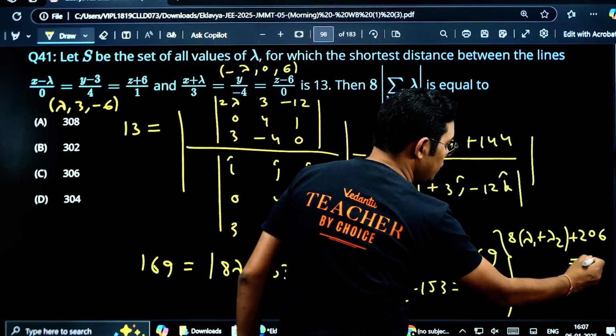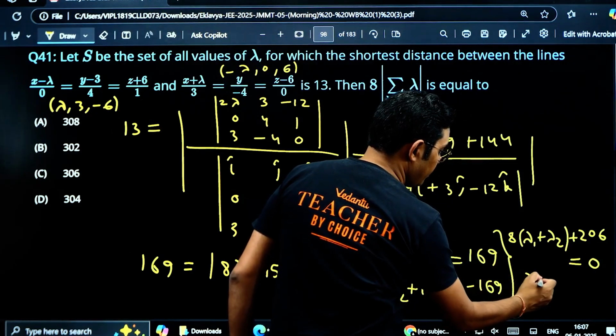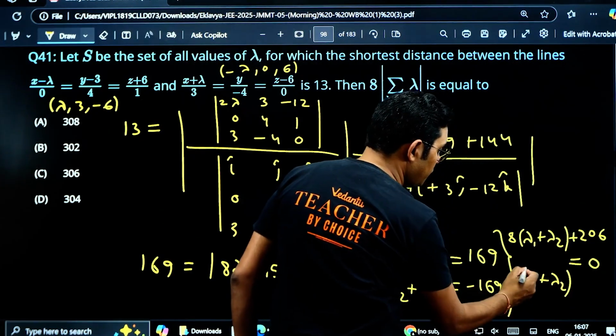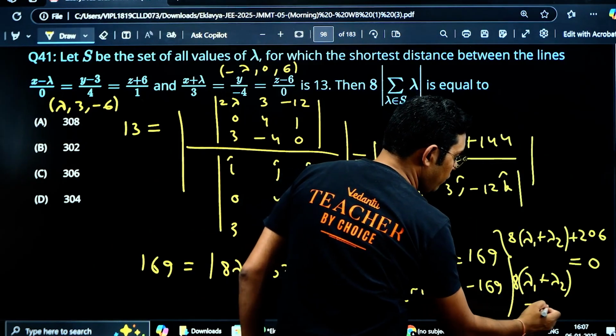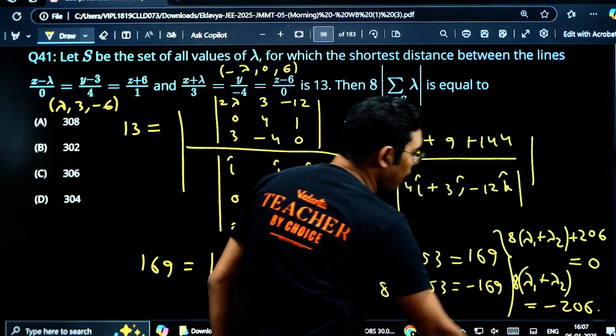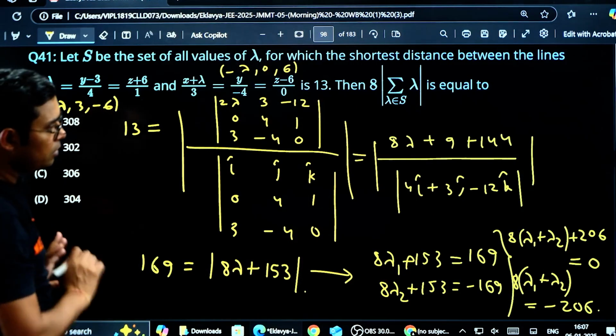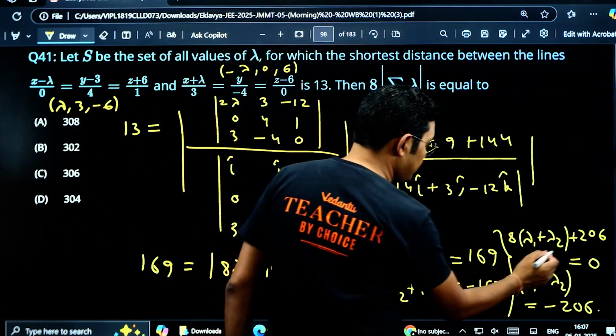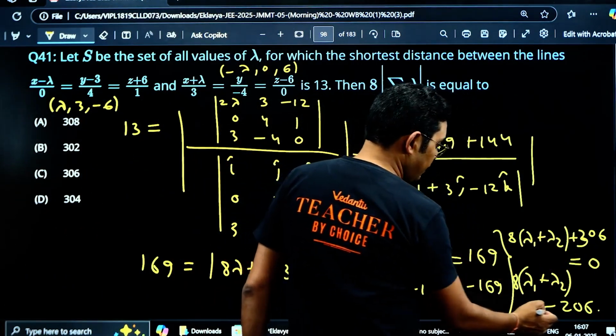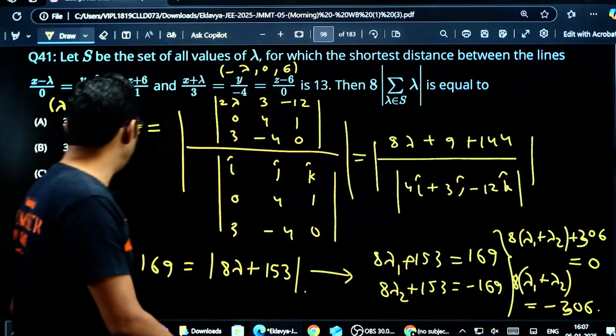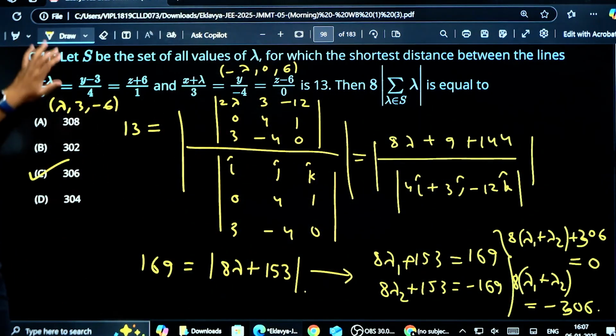On the right hand side it is 0. So (lambda 1 plus lambda 2) into 8 is actually equal to minus 306, but we are asked to find the mod of that, hence the answer will be 306, that is C.